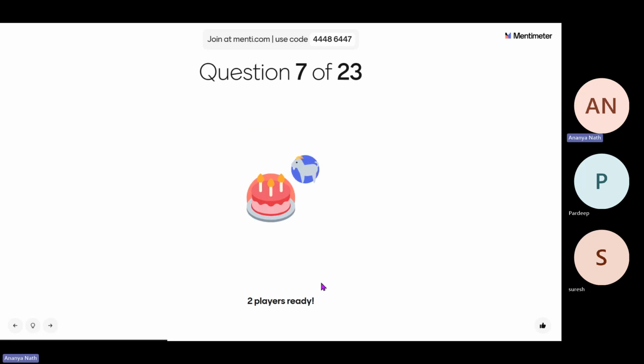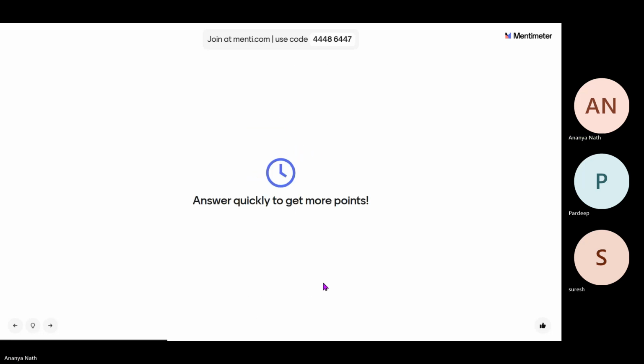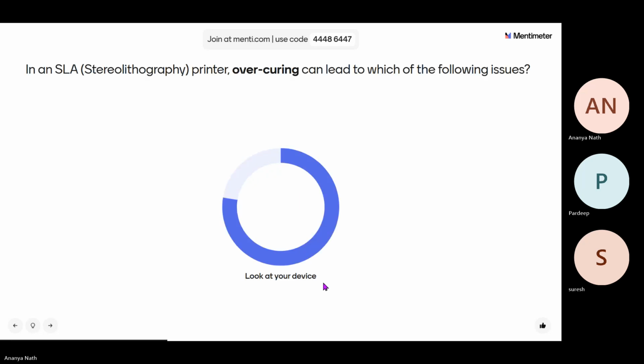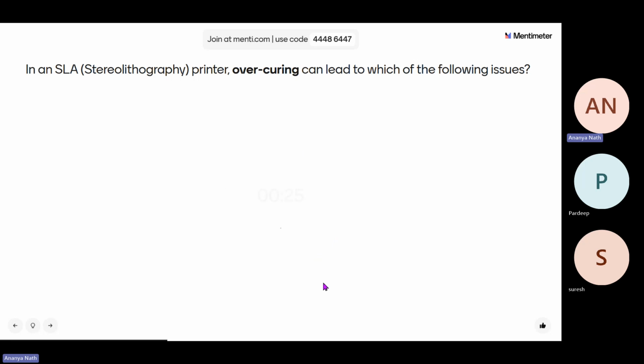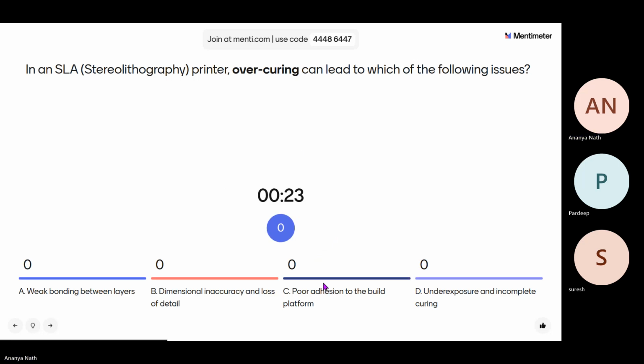Next question. In stereolithography, over-curing can lead to... first is curing, then over-curing means you're putting more energy than required.